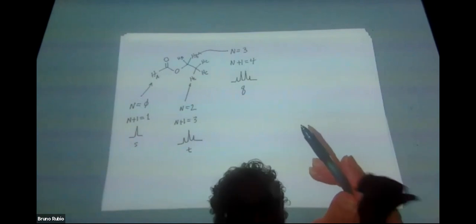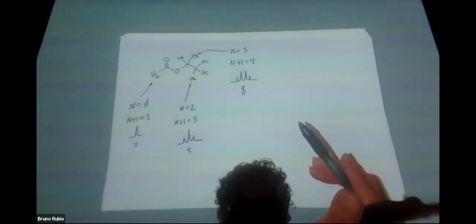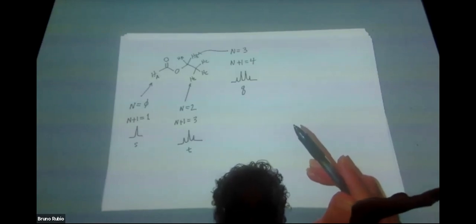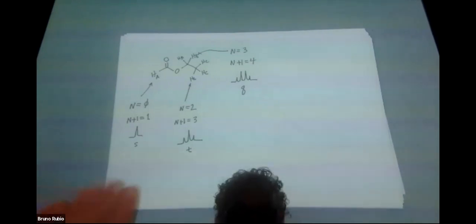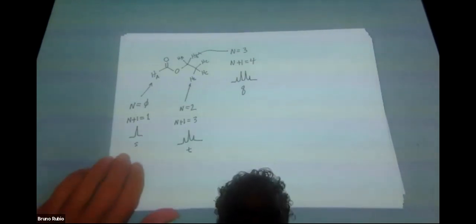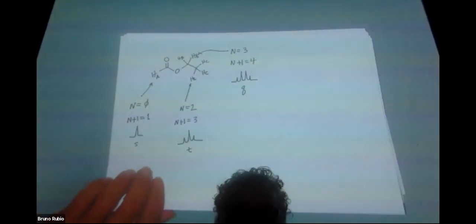And the HB are not equivalent to the HC, but the HB are all equivalent to each other. So we have 3 bond splitting, N equals 2, N plus 1 equals 3. It's a triplet. So how's that going? N stands for neighbors. You can think of it that way.